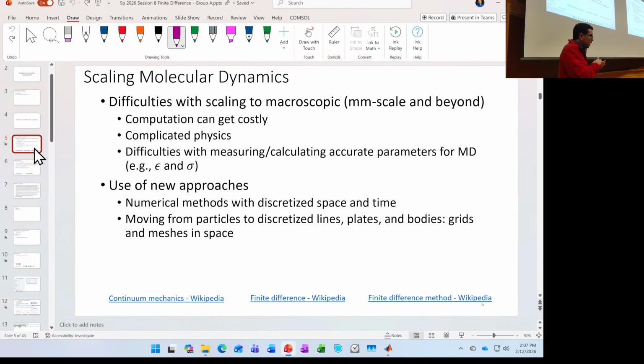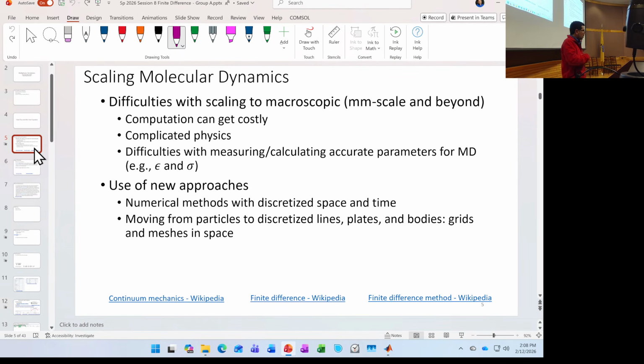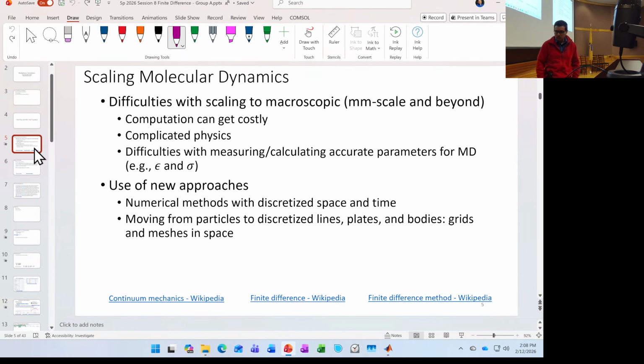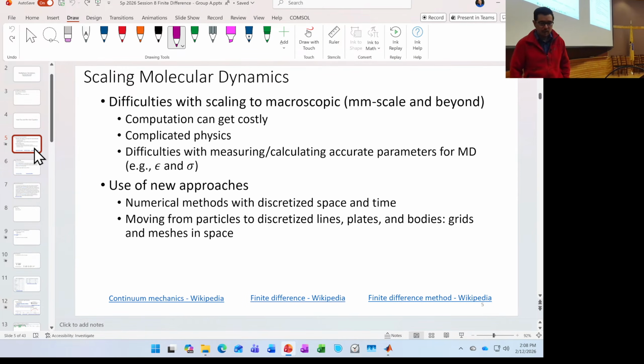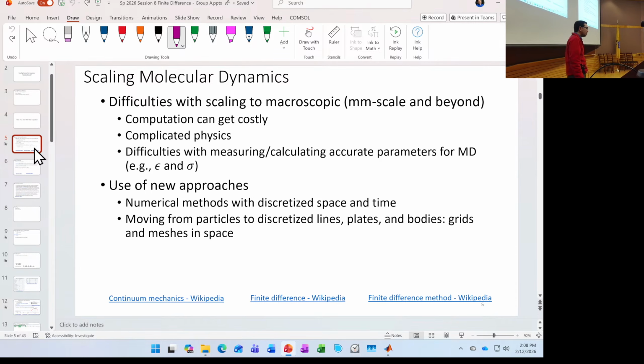And so this is an opportunity to introduce a new physics. Up to this point, we've been doing particle dynamics, and we've been happy with the velocity Verlet method or some form of modified Euler method. But today, we're going to go beyond discretizing time and discretize space as well.